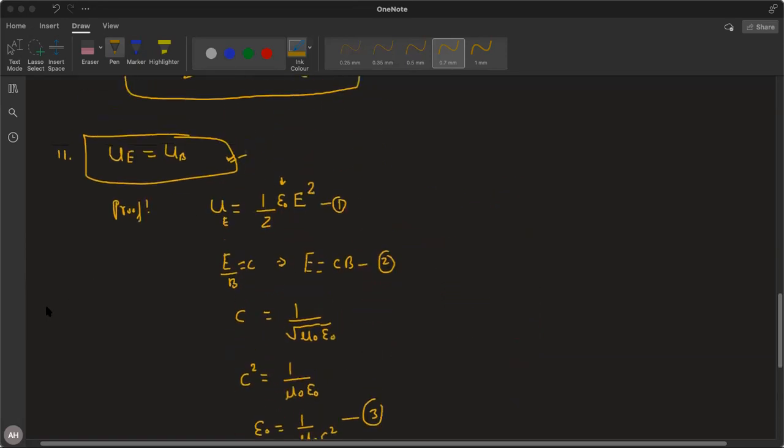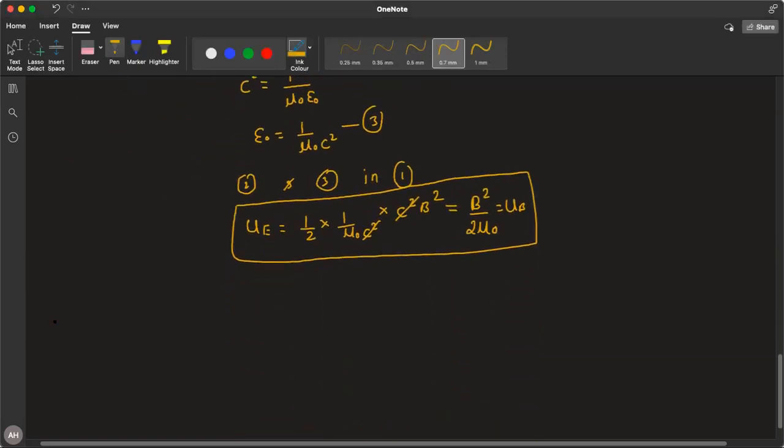After this energy density, there are two more definitions. The next is momentum of EM wave.